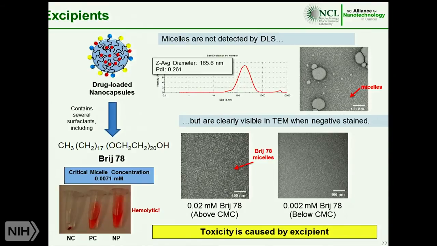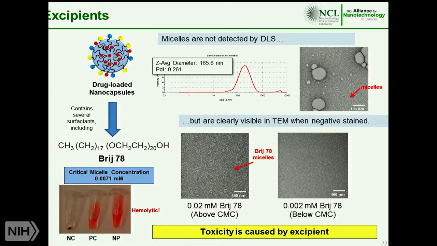And what we also found out by talking to the manufacturer of this particle is that this surfactant, Brij 78, is used as a component in the synthesis process. Brij 78, like many other surfactants, when it is present at a concentration above the critical micellar concentration, or CMC, forms micelles.